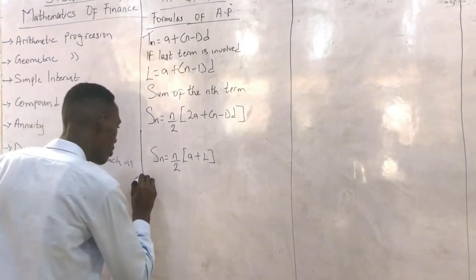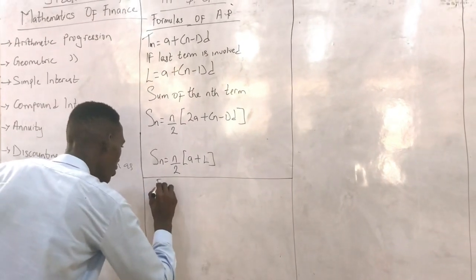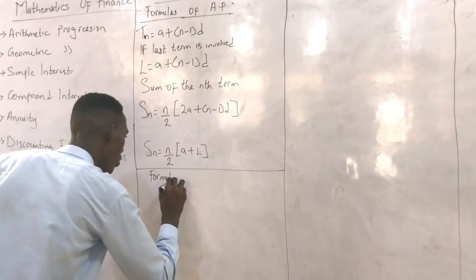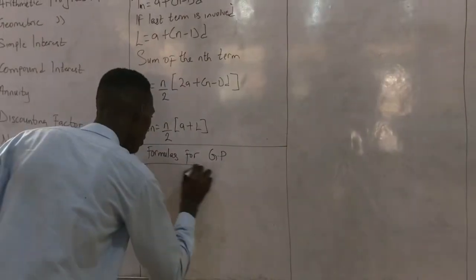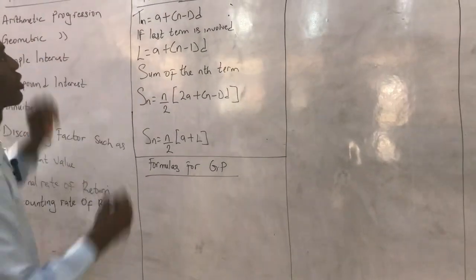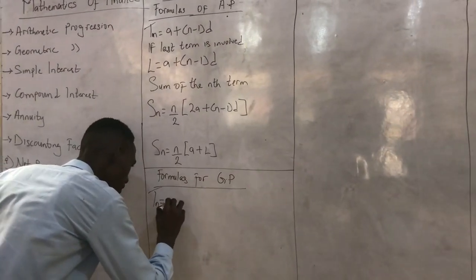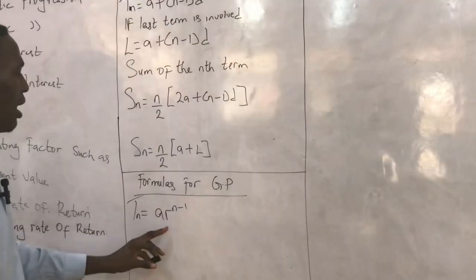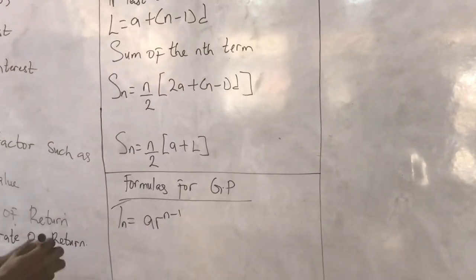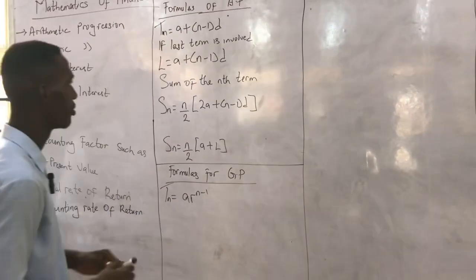Now without wasting much of your time, let's move to the formulas for geometric progression. Similar to our arithmetic progression, our nth term here is equal to a r to the power of n minus 1, where a still remains our first term, but our r here represents our common ratio.